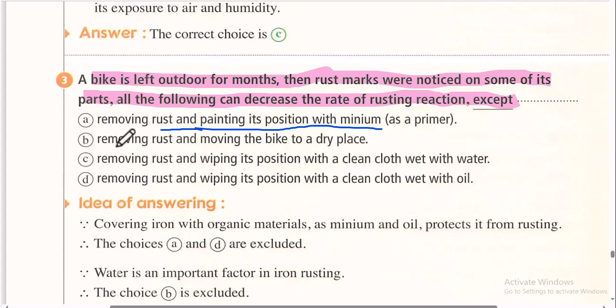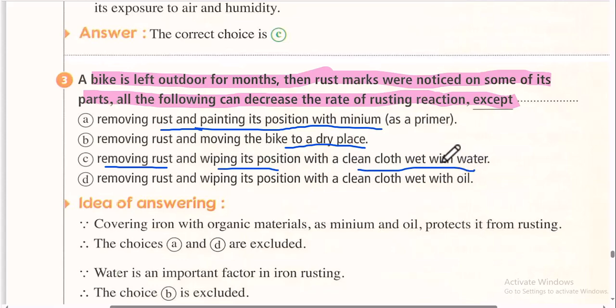Second, B, removing the rust and moving the bike to a dry place. A dry place is a kind of preserving, so there is no humidity, there are no ions, and to some extent there is no galvanic cell. C, removing rust and wiping its position with a clean cloth wet with water.